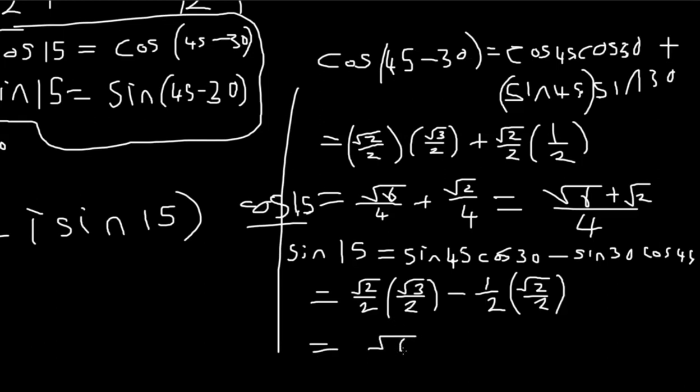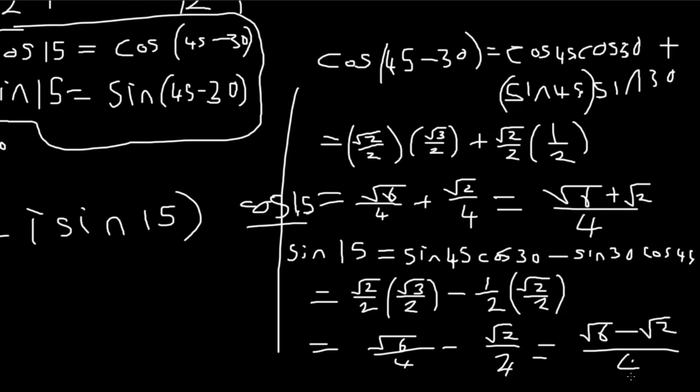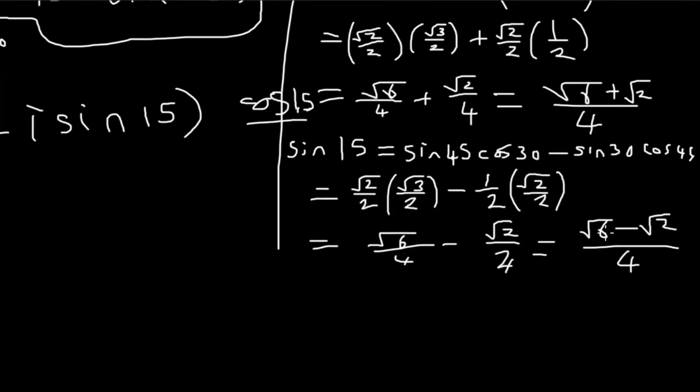This is root 6 over 4, and then minus root 2 over 4, which gives root 6 minus root 2 over 4. So these are the solutions. So this is sine 15.